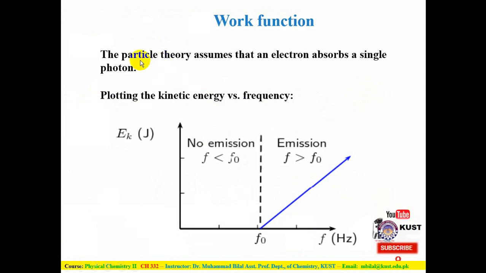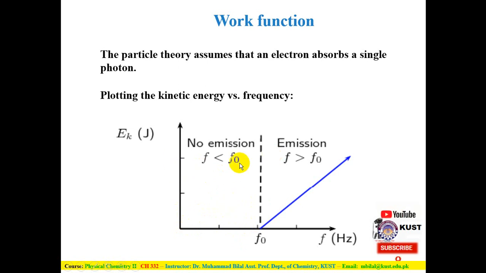Now, the particle theory assumes that an electron absorbs a single photon. Now, plotting the kinetic energy versus frequency, as we increase the frequency, what will be the kinetic energy? Below the threshold, the photon frequency is lower than needed, so no electron is produced, as we also saw in the software.